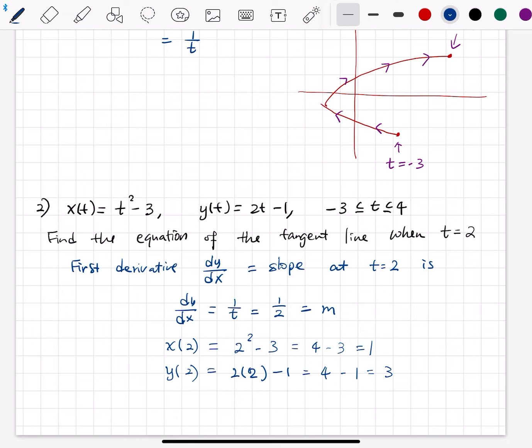So what that means is we have a point. When t is equal to 2 on the parametric equation, the point we have for that particular time is (1, 3), for example this point.